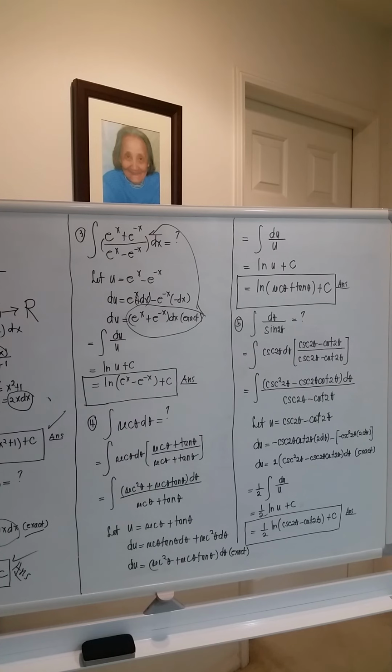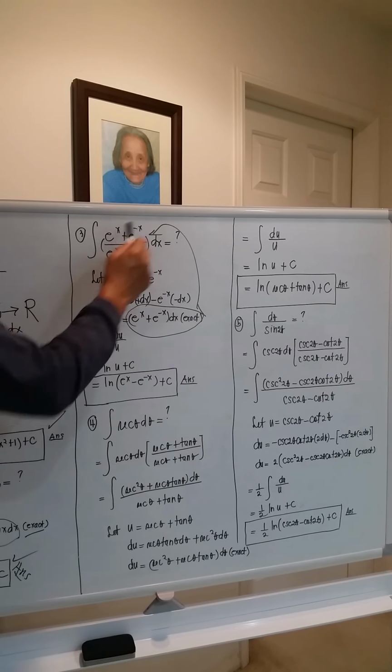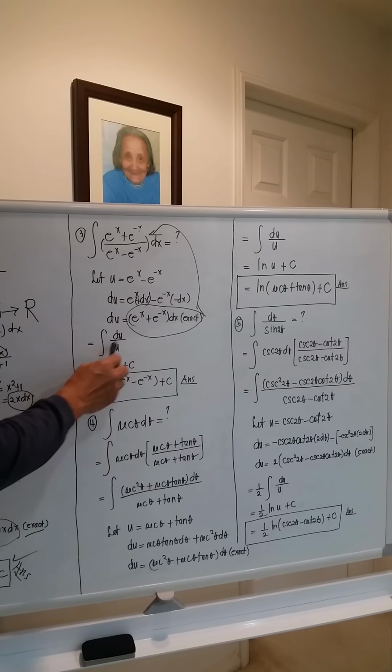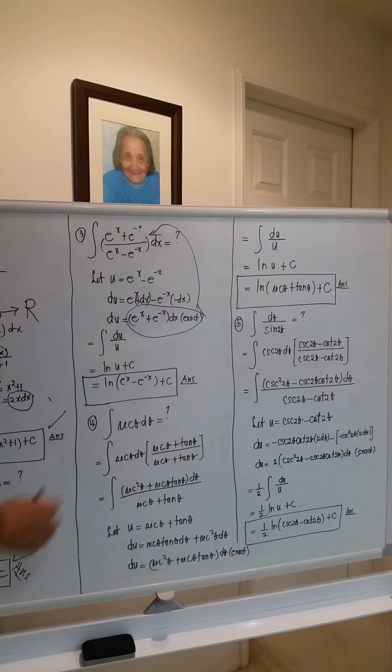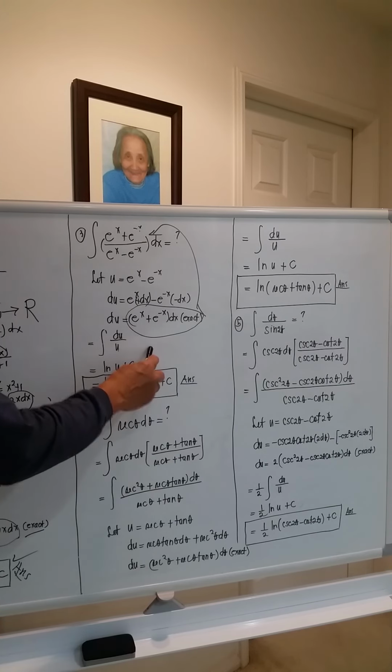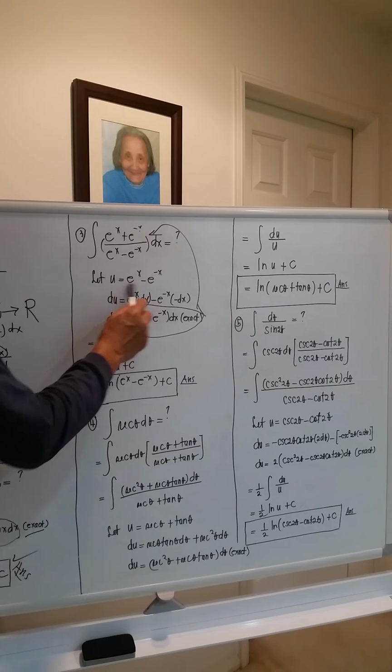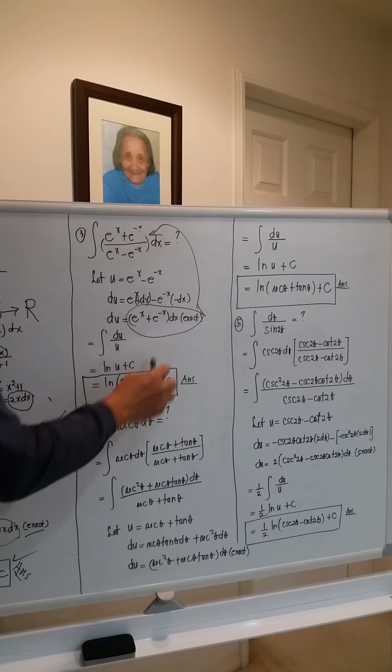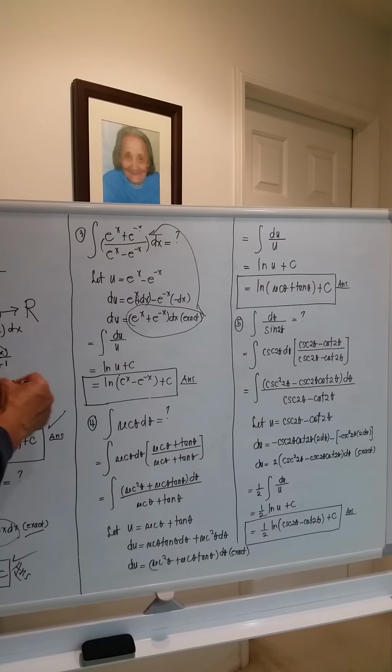So the integral should become equal to the integral of du over u, and after verification, du is exact. So the final answer will be natural logarithm of u plus c. But what is u? It is the natural logarithm of the quantity e to the x minus e to the minus x, plus c.